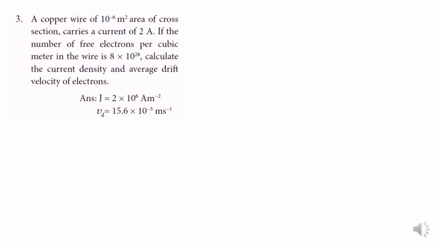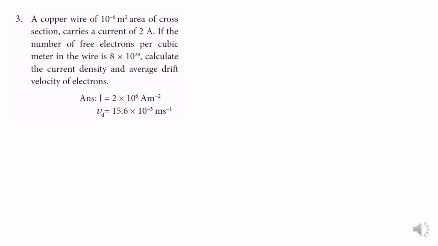So question number 3. A copper wire of 10 power minus 6 meter square area of cross section carries a current of 2 amps. If the number of free electrons per cubic meter in the wire is 8 into 10 power 28, calculate the current density and the average drift velocity of electrons. Okay.